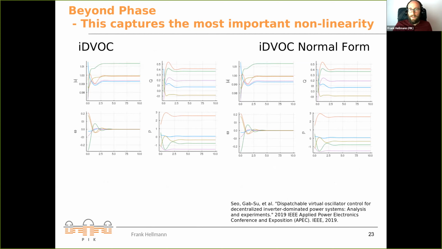This is an inertial version of a dispatchable virtual oscillator control that was suggested by the group of Probe and Dörfler, cited in a paper at the bottom. And we've approximated this particular controller design that they proposed in the normal form. As you can see, there's almost no difference.